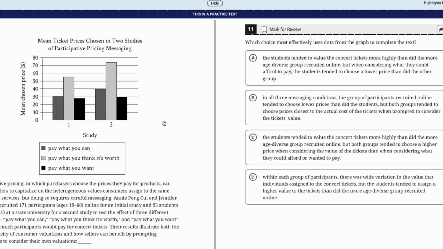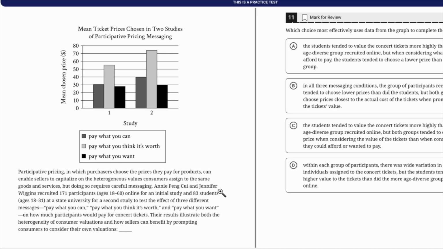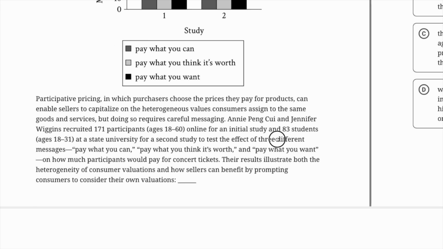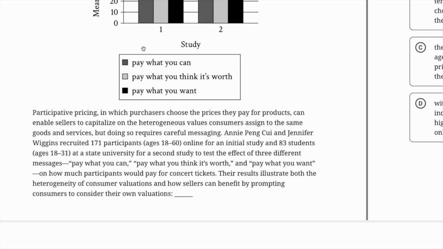Okay, data from the graph to complete the text. So we want to focus on this part, the passage first, use that as a guide in terms of what we want to pick out from the graph. So participative pricing, in which purchasers choose the price they pay for products, can enable sellers to capitalize on the heterogeneous or varied values that customers assign to the same goods and services.